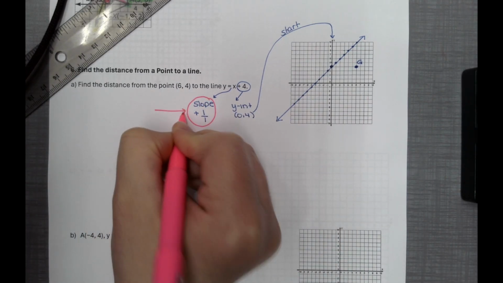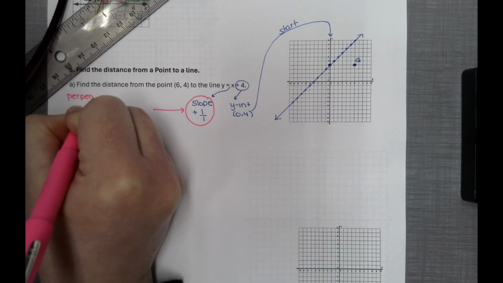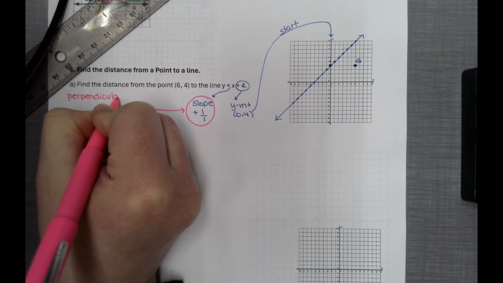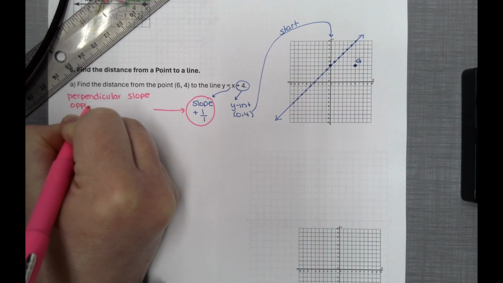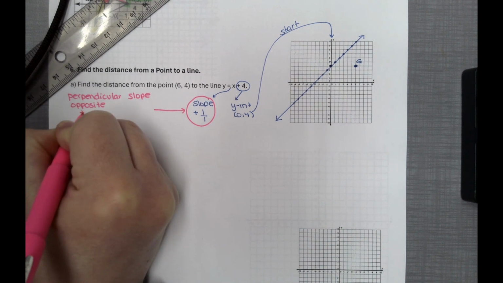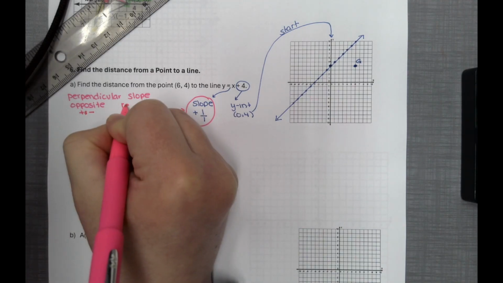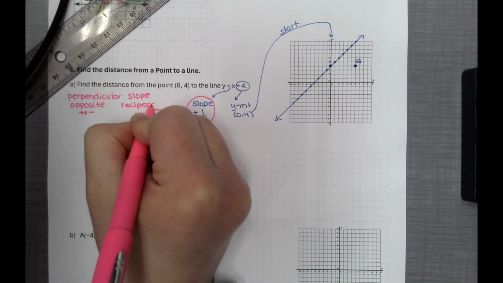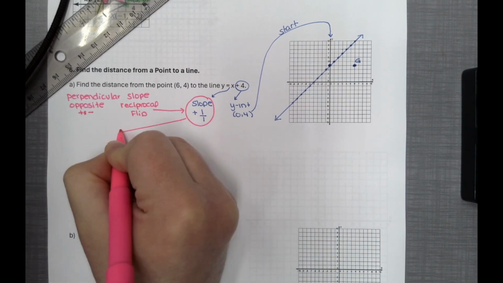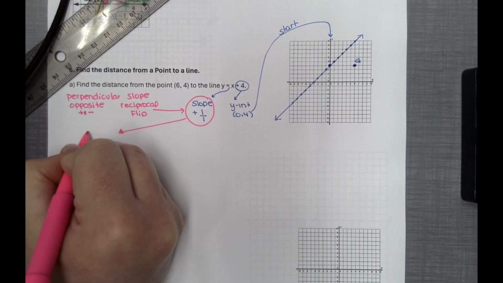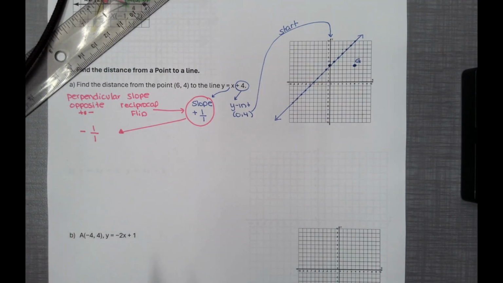So this slope we're going to take and create two things: opposite, which is plus minus, and reciprocal. So we're going to flip it. So for our perpendicular slope, we're going to have a negative 1 over 1. Now it doesn't look like I flipped my fraction, but I did.